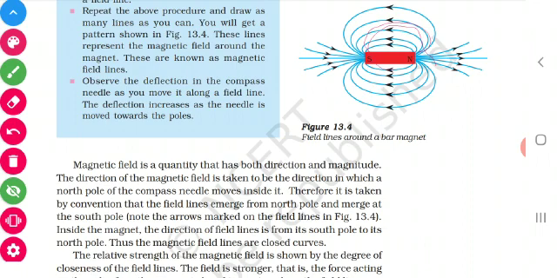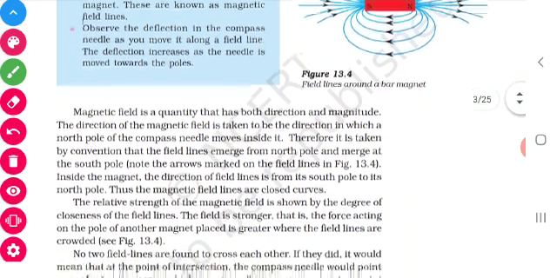In this figure you can see all the magnetic lines coming from the North Pole and ending at the South Pole. Inside the magnet also there are magnetic field lines from the South Pole to the North Pole. They are always closed curves. They are never open.